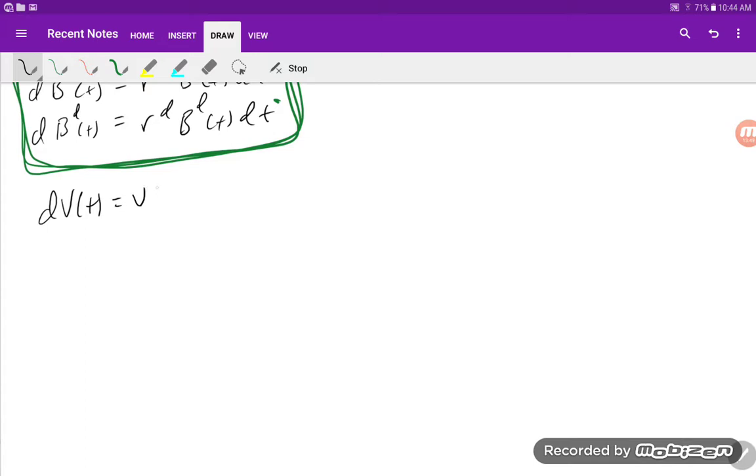The change in the value process is equal to the value process times the weight of the underlying times the differential of that foreign account in domestic currency.